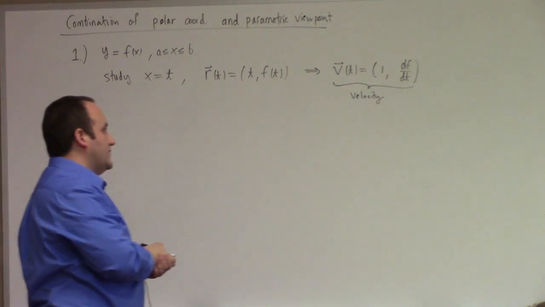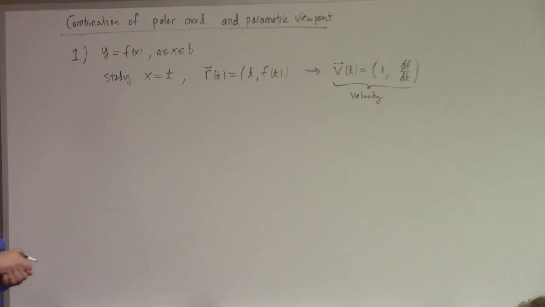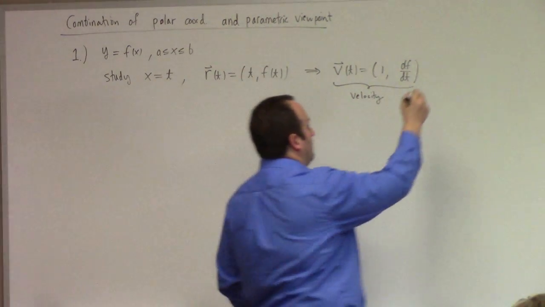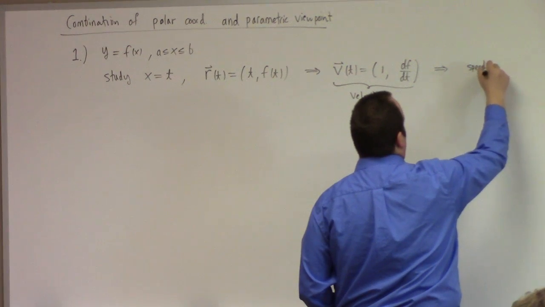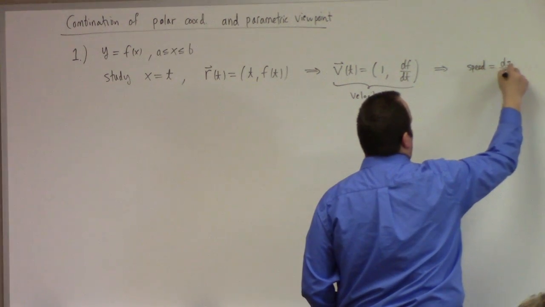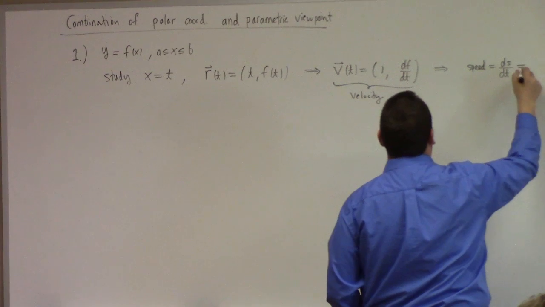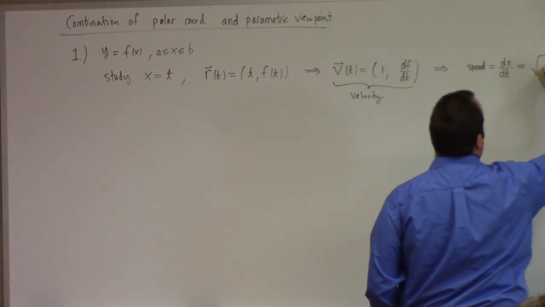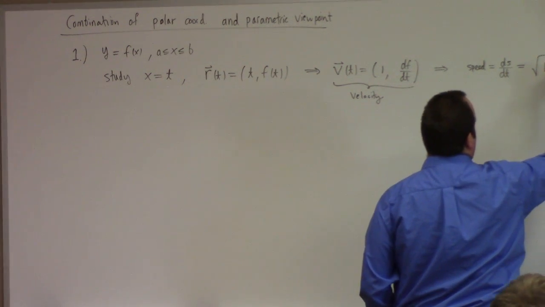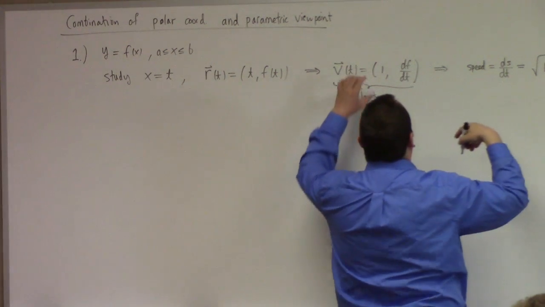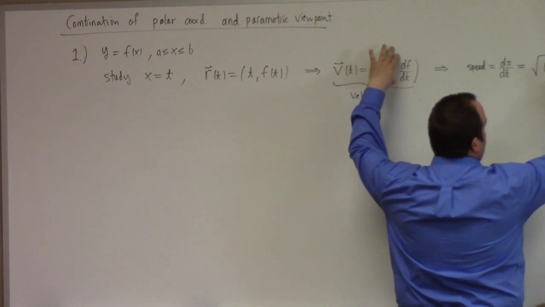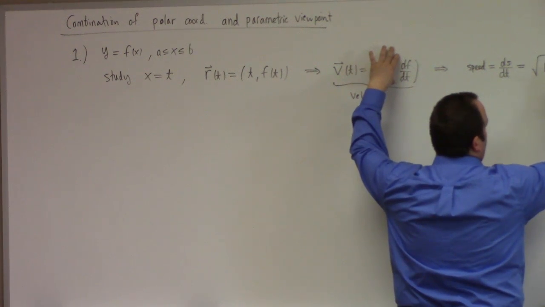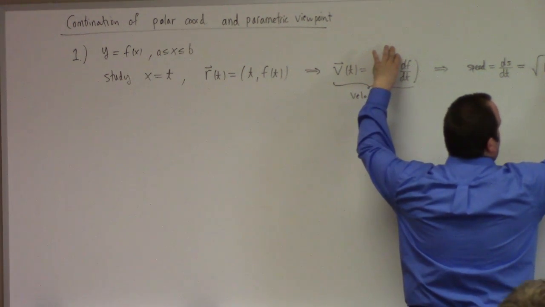And then the magnitude of the velocity is what we call the speed, right? So what's the speed? We take the square root of the sum of the squares of the components. So here this is the square root of 1 squared plus df dt squared. And that gives you the speed.